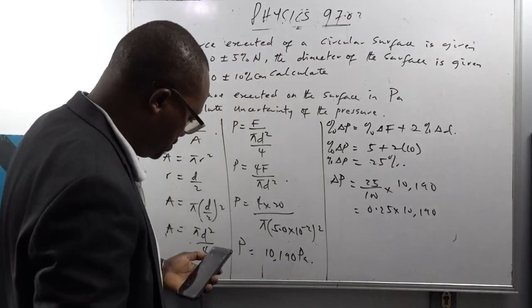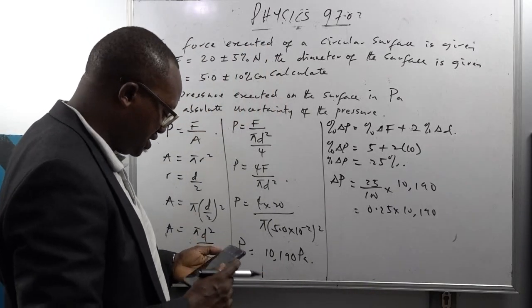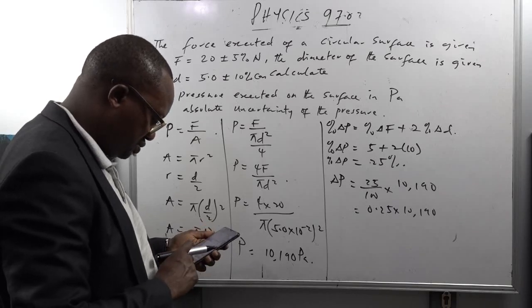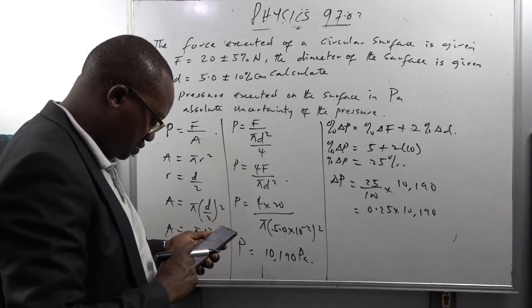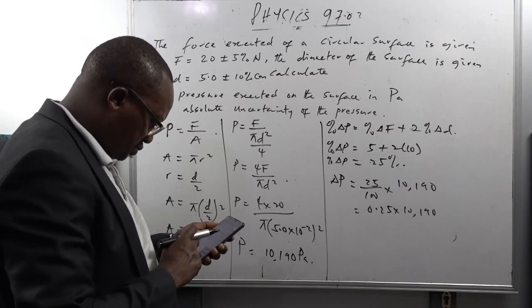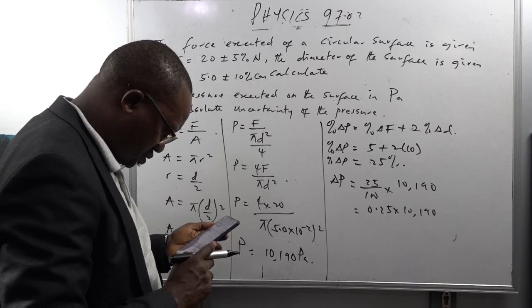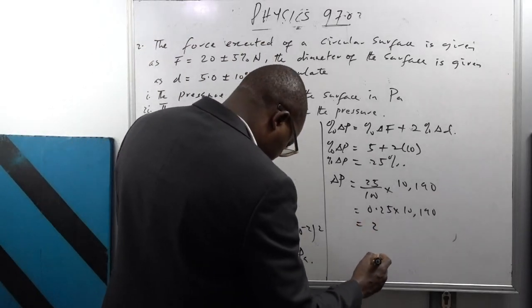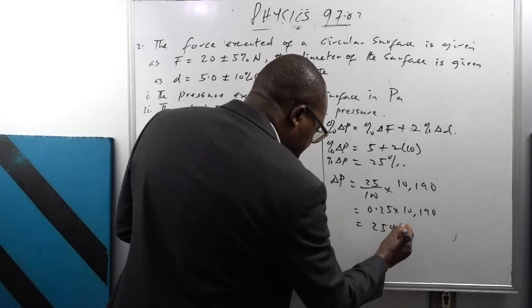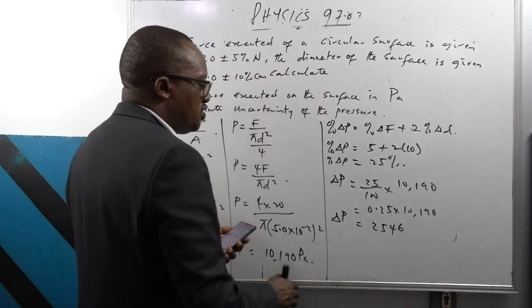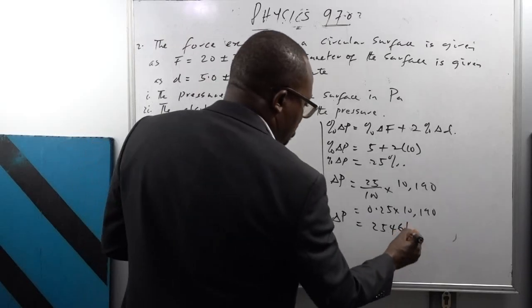So you continue with your calculator there. And this will just give you 2,546. So the unit of the absolute certainty of pressure will be the same as the unit of pressure.